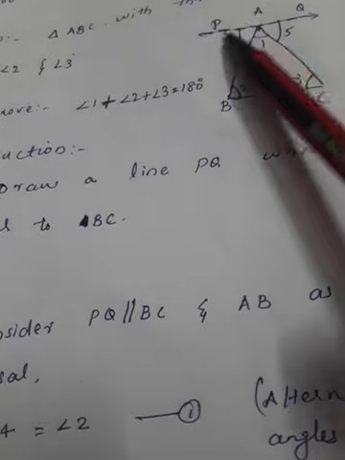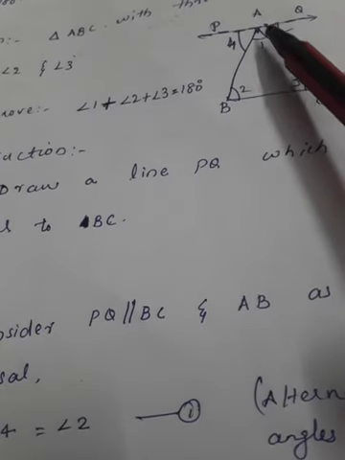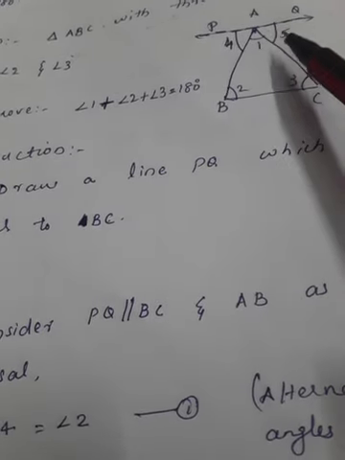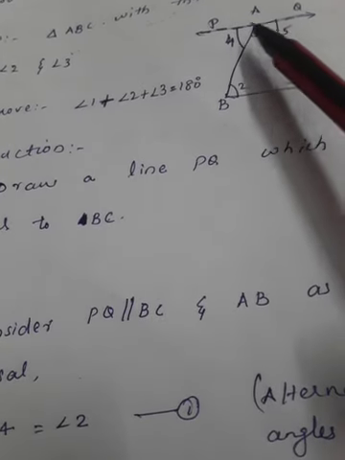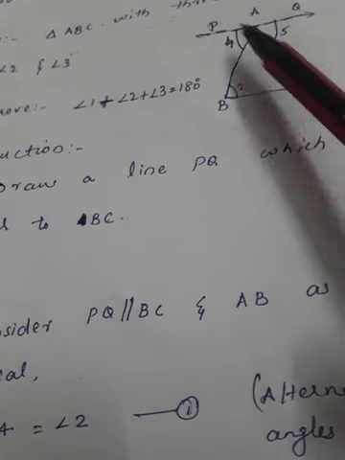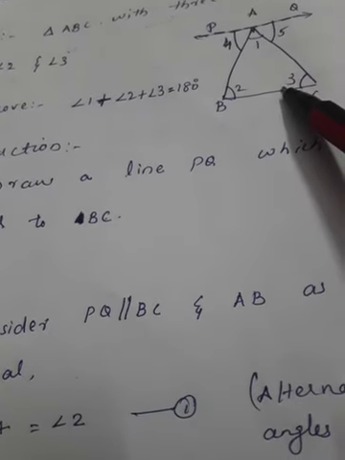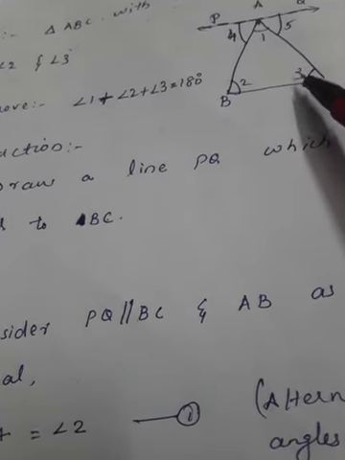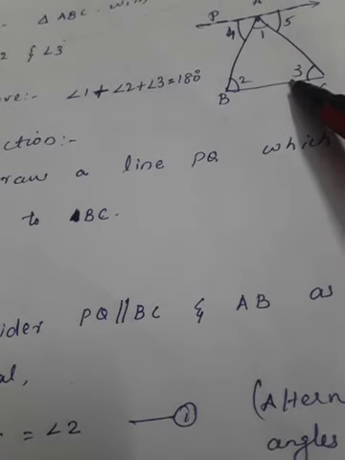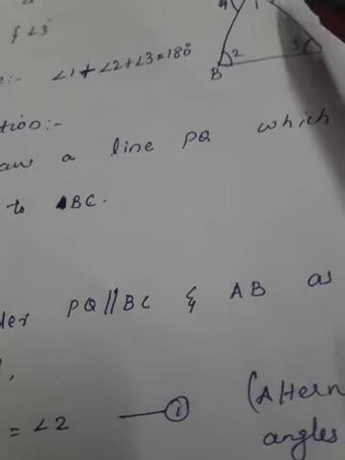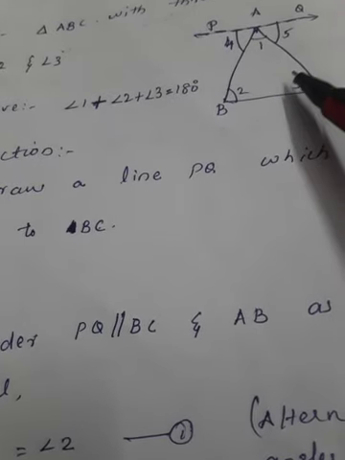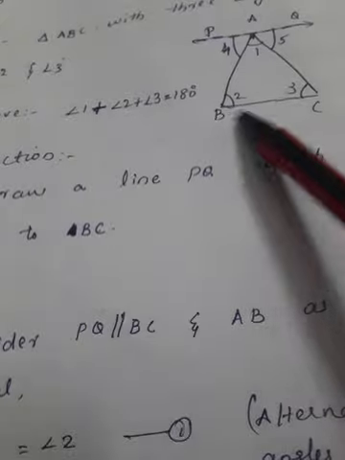Similarly, when we consider PQ parallel to BC and the transversal AC, then angle 5 equals angle 3. We can't take this one together, because 1 plus 4 and 3 are which type of angles? Co-interior angles. But here the sum is there, so we can take individuals. So angle 5 and angle 3 are equal because alternate interior angles are equal by the theorem when these two lines are parallel.